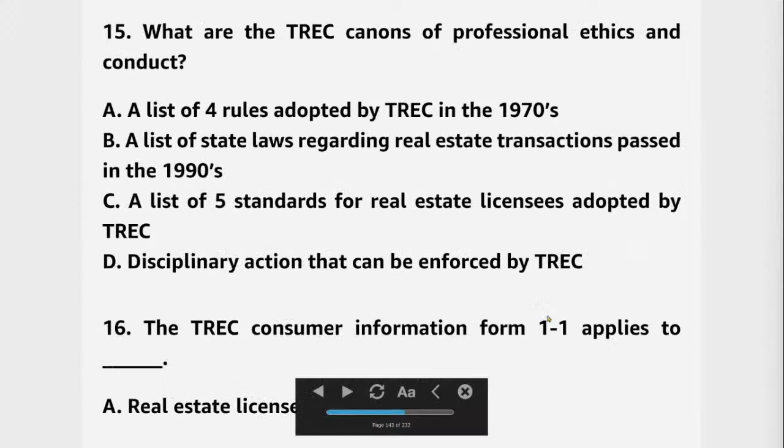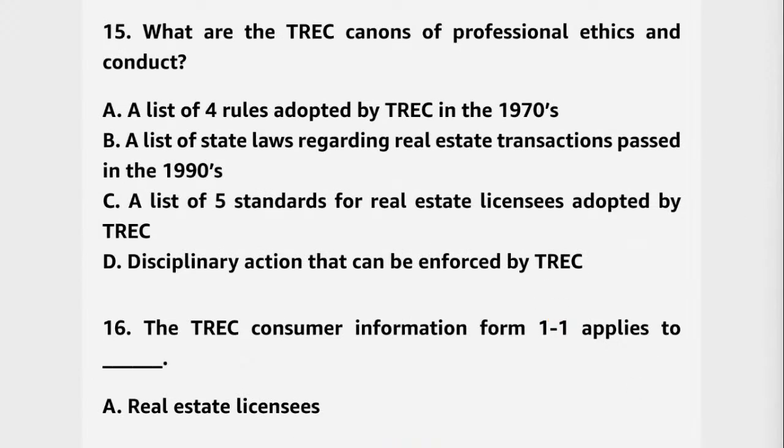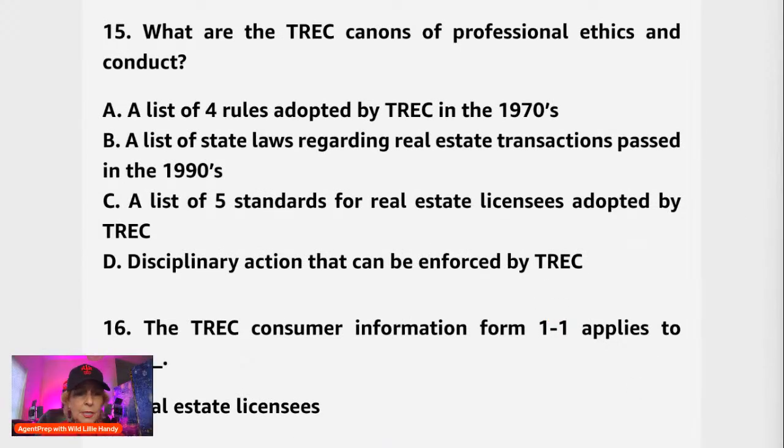Number 15. Okay, I'm going to show my face every now and then. So what are the TREC canons of professional ethics and conduct? A, a list of 4 rules adopted by TREC in the 1970s. B, a list of state laws regarding real estate transactions passed in the 1990s.